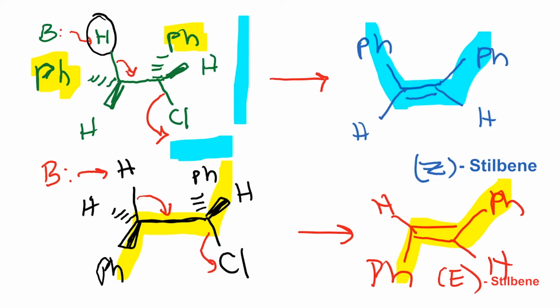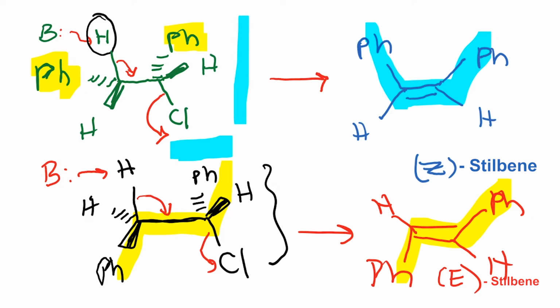Now one would be very tempted to say that this conformation is more stable, and therefore the population of this conformation is higher, and it would give the E product, because we know that the E product is the major product of this reaction.